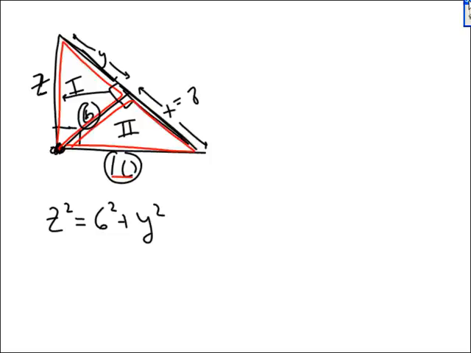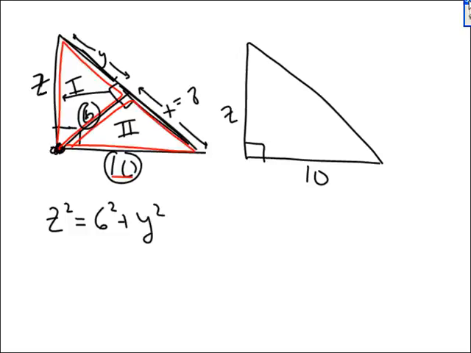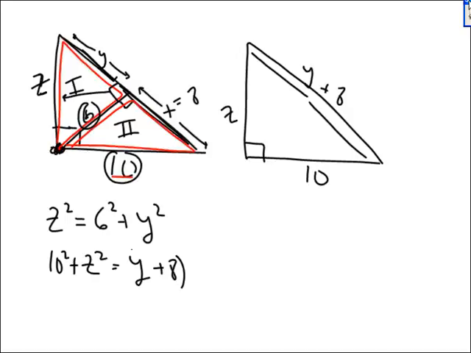And when I look at the whole triangle, the right angle is here. This is 10. This is z. And this one is y plus 8. Part of it's y. The rest of it is 8. Well, that tells me that 10 squared plus z squared is y plus 8 squared. But both of them have 2 unknowns.